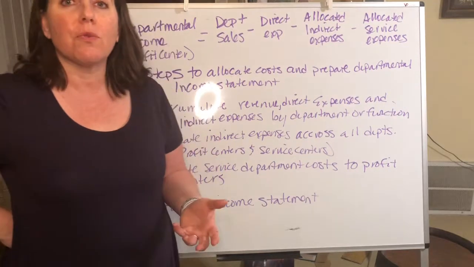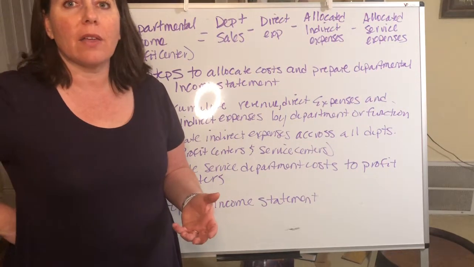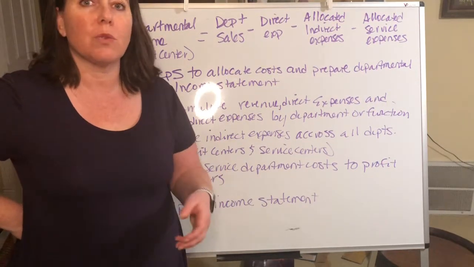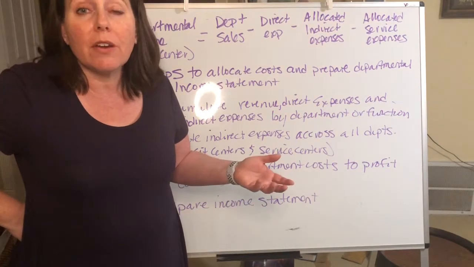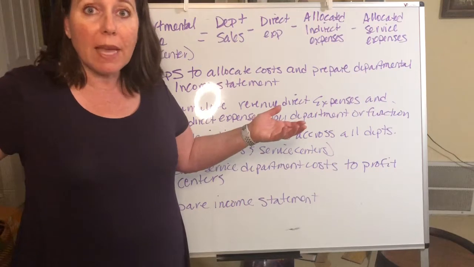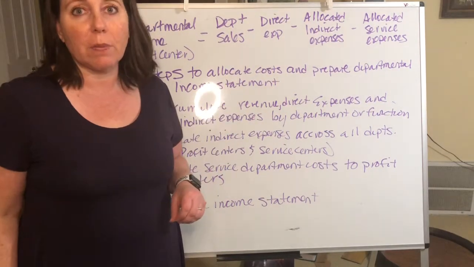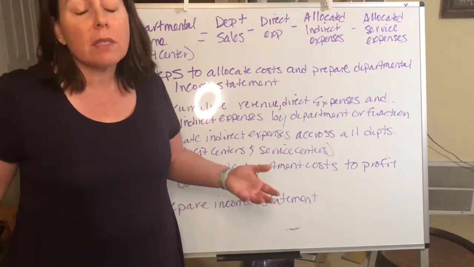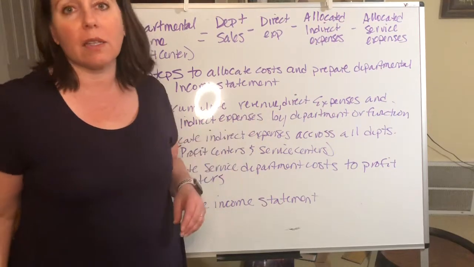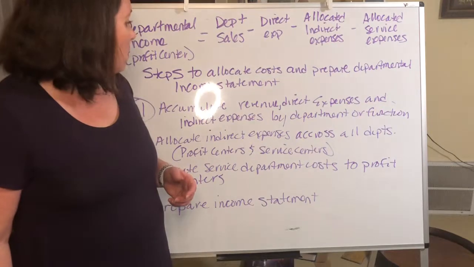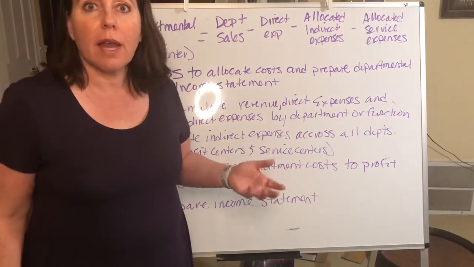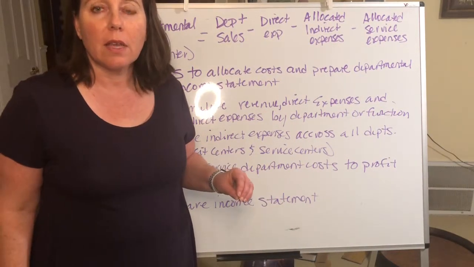So if we're allocating rent, we not only allocate it to the jewelry department and the menswear department and the furniture department, but presumably our HR department is taking up some space, so they get a little bit of rent expense. And our accounting department is taking up some space, so they get a little bit of rent expense. Same thing with utilities and anything else we consider indirect.